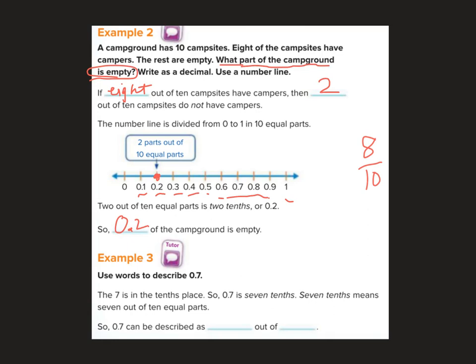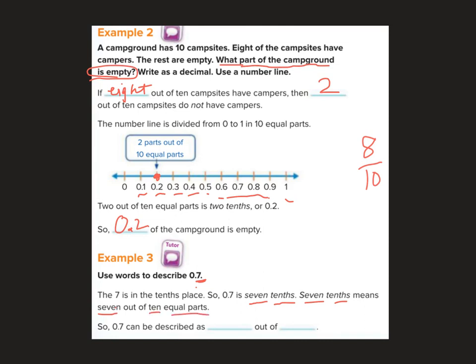There we go. Example 3, use these words to describe 7 tenths. Right, that's how you'd say that number, 7 tenths. The 7 is in the tenths place. So 0.7 is 7 tenths. 7 tenths means 7 out of 10 equal parts.